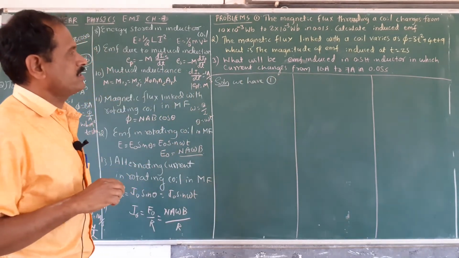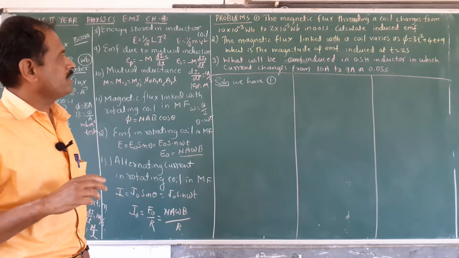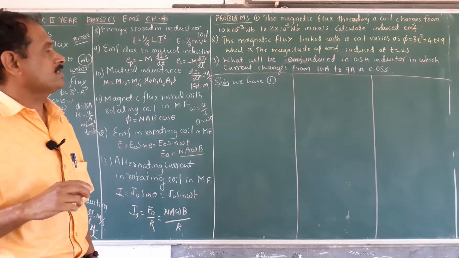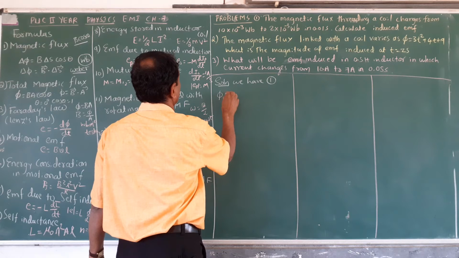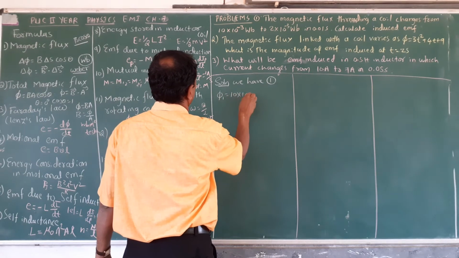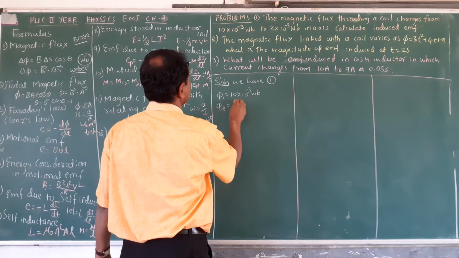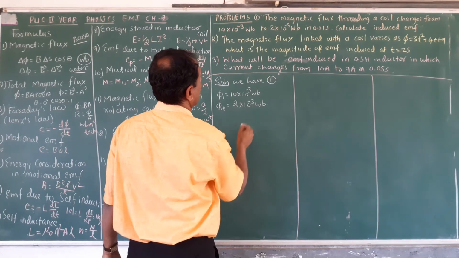The magnetic flux threading the coil changes from 10 into 10 to the power of minus 3 Weber to 2 into 10 to the power of minus 3 Weber. The initial magnetic flux is 10 into 10 to the power of minus 3 Weber, and the final magnetic flux is 2 into 10 to the power of minus 3 Weber.